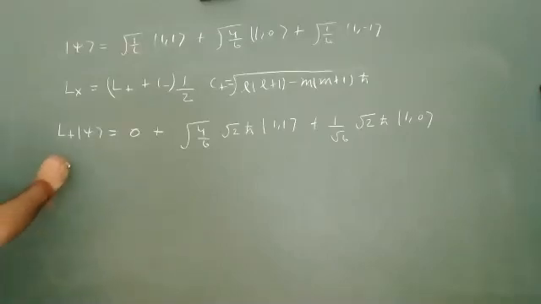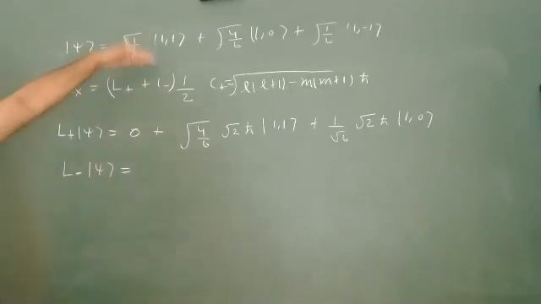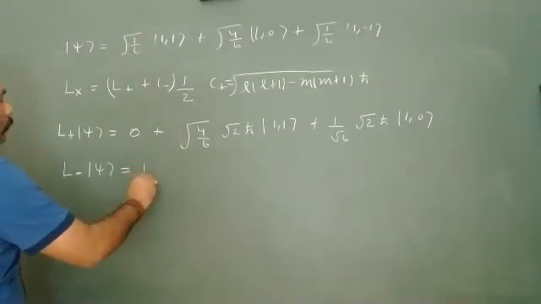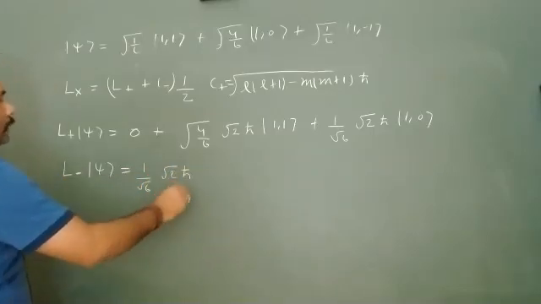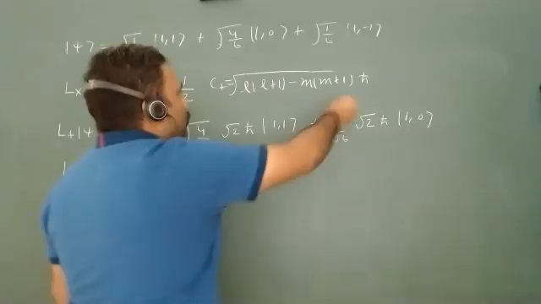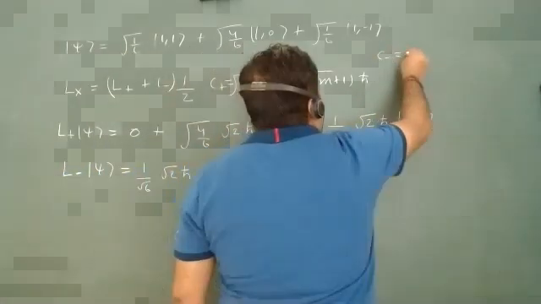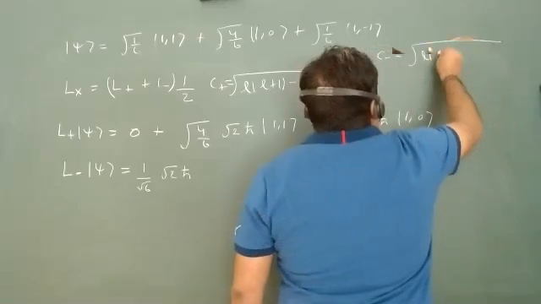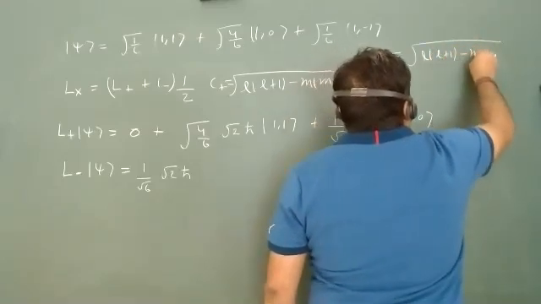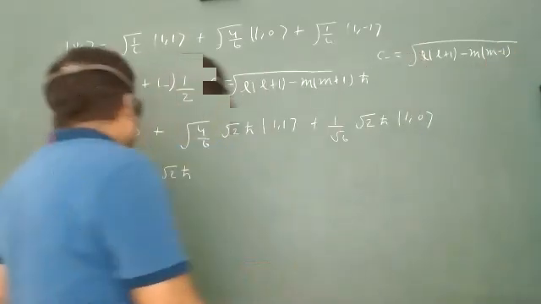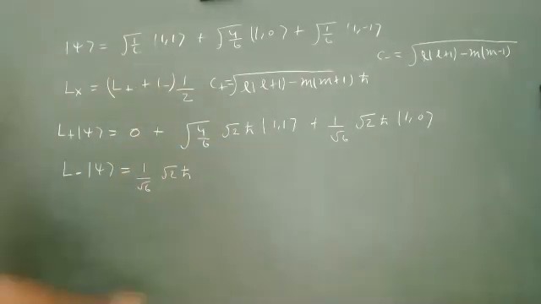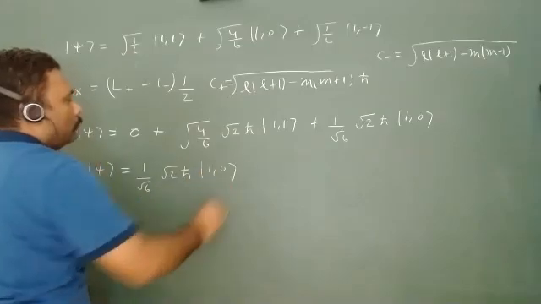And let's figure it out. What will happen with L minus? This will lower down, and this will be 1 upon root 6. Again, you have coefficient root 2 h cut. You know what the coefficient of C minus will be? C minus is all about L into L plus 1 minus M into M minus 1. So this is 1 upon root 2 h cut, and which state will it go to? 1 and 0.